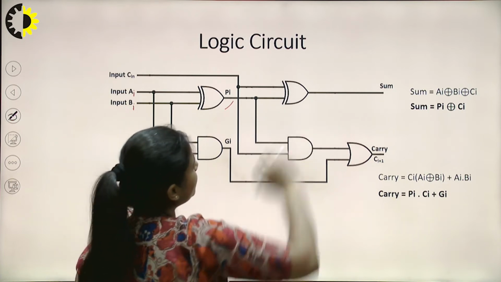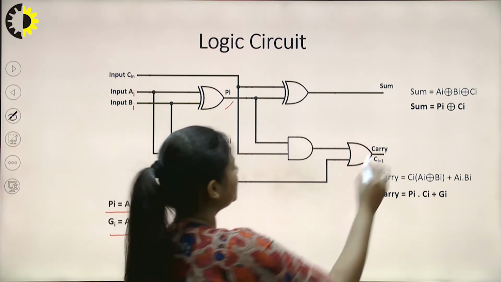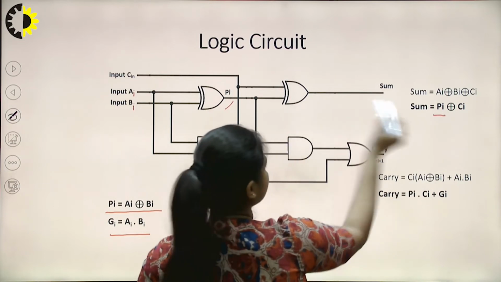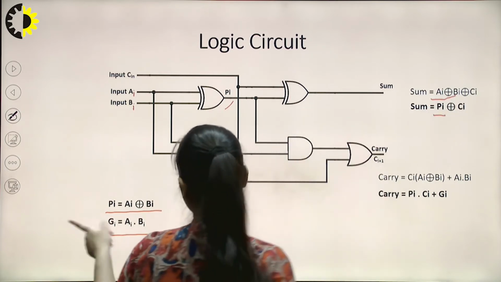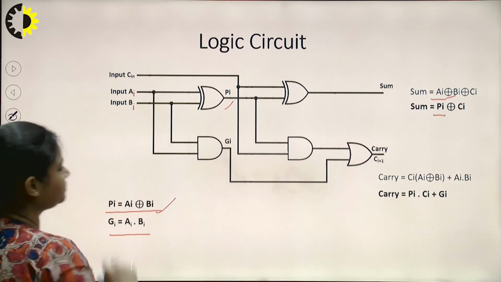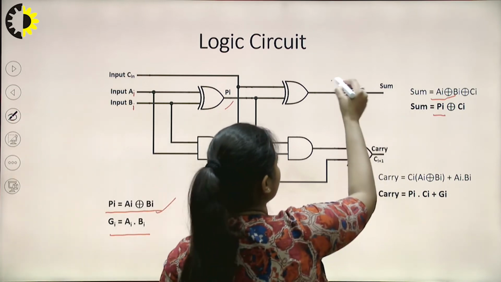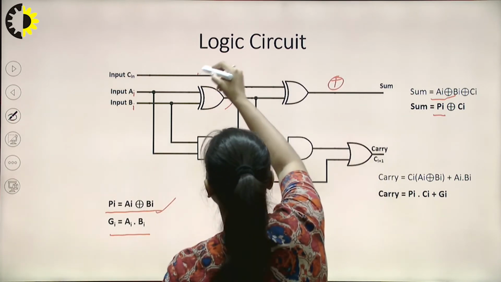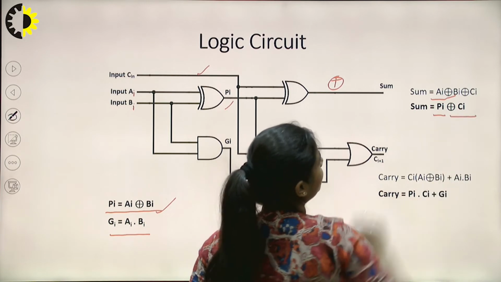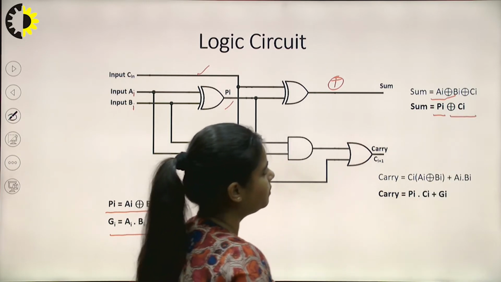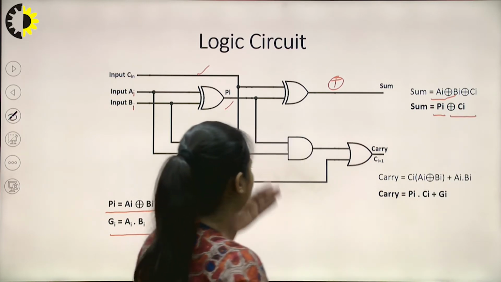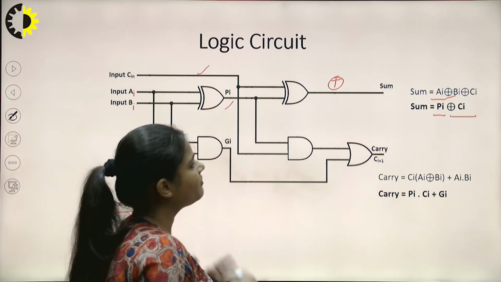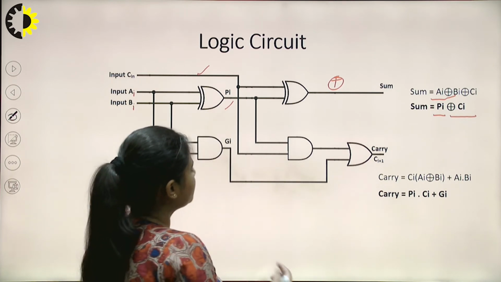So what would be the final sum? The final sum would be Pi, means Ai XOR Bi, as we have seen here, XOR with this Ci pin. Means final sum is equal to Pi XOR Ci. But whenever we are getting the final carry, what would be the output?